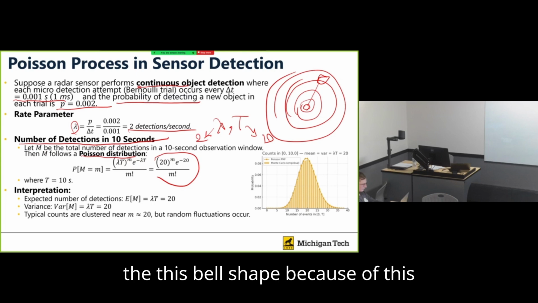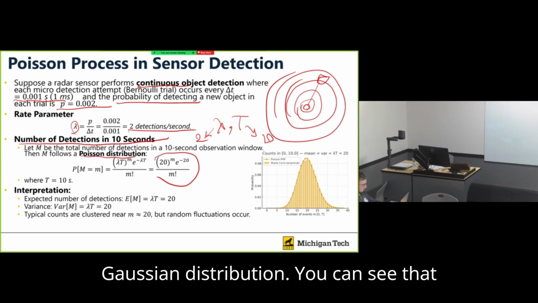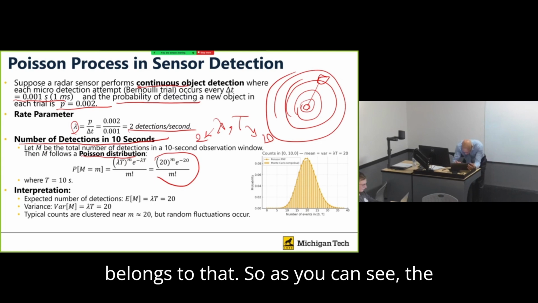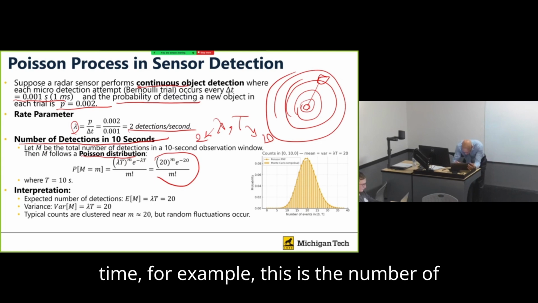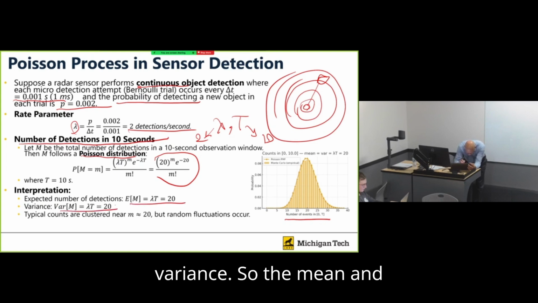This bell shape, because of this exponential, is very similar to the Gaussian distribution. You can see that this shape belongs to that. As you can see, this is the number of events between 0 and t, and t can be 10 here, and you can also find the mean and variance.